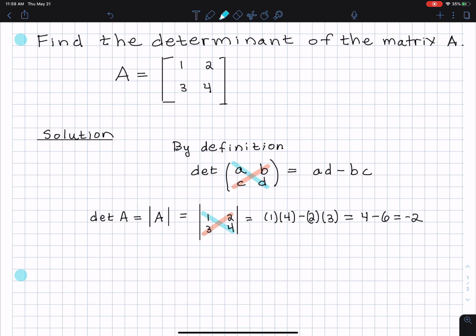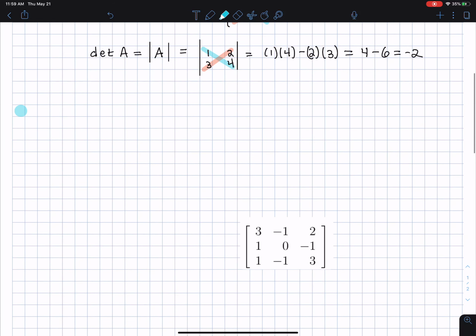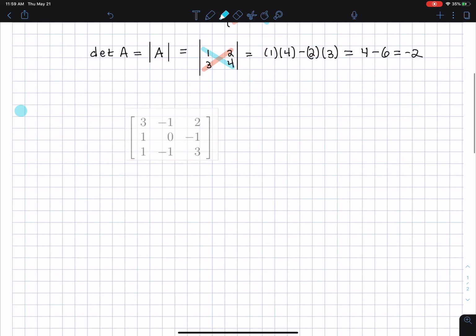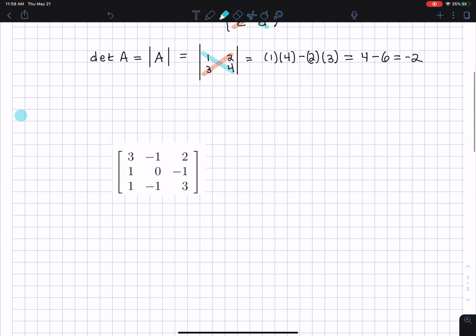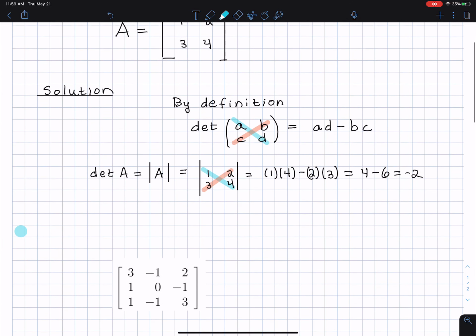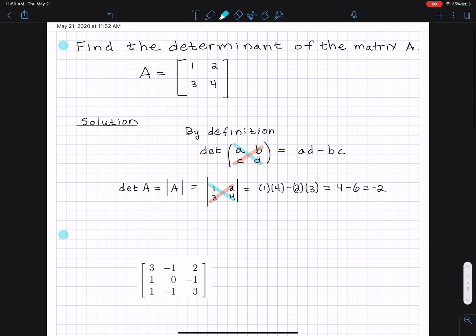This method would be time consuming, and if you were having a computer do it, it would take up too much data and time. So there are more efficient ways to find the determinant than the way I'm showing here. But for 3 by 3s, it seems like it's okay.